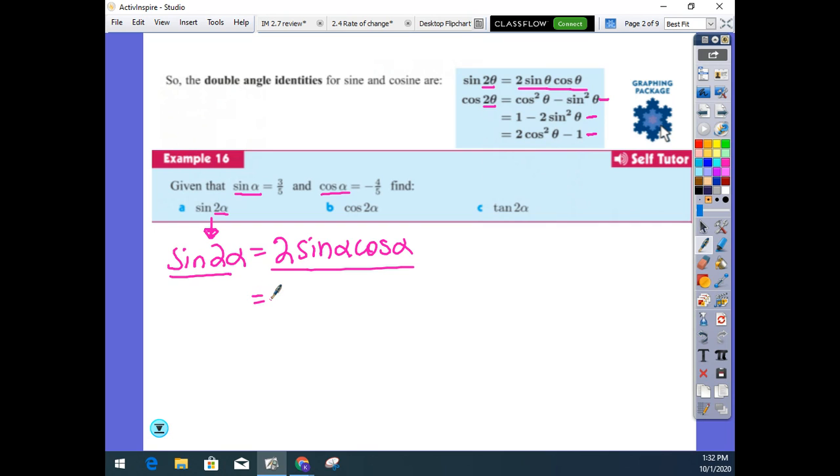So now sine alpha equals 3/5, cosine alpha equals -4/5. So I'm going to substitute 3/5 in for sine of alpha. Sometimes it helps to put that 2 over a 1. Cosine alpha is -4/5. Now we just multiply the top, multiply the bottom, and we're done. So that's an example of your sine double angle.